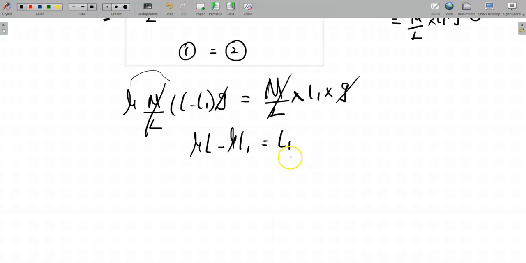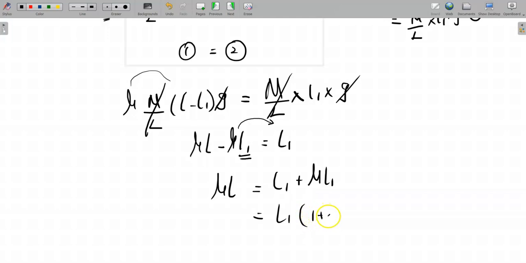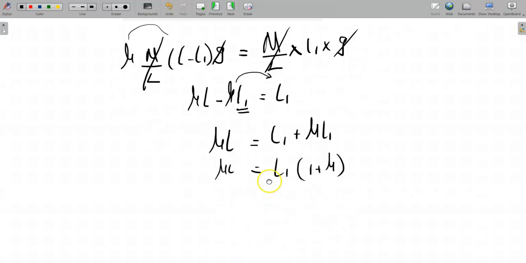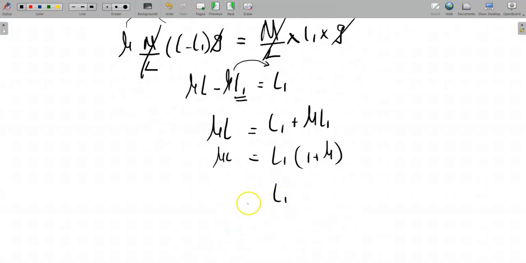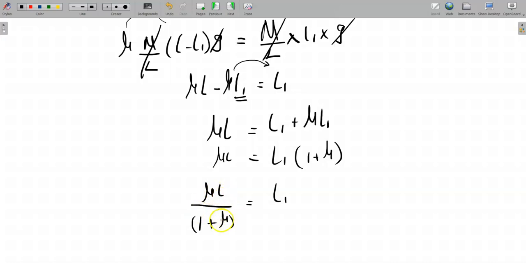Now we are finding the hanging length of the rope, so L1 we have to find. Take this term to the other side: mu L is equal to L1 plus mu L1. L1 is common, so 1 plus mu times L1. And the final answer is L1 equals mu L over 1 plus mu.